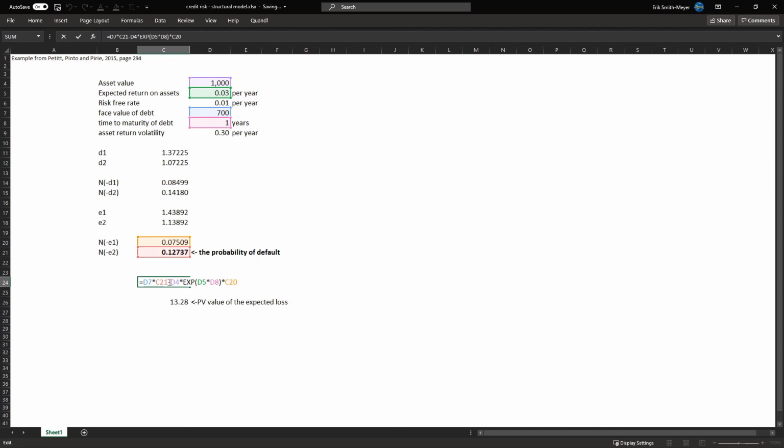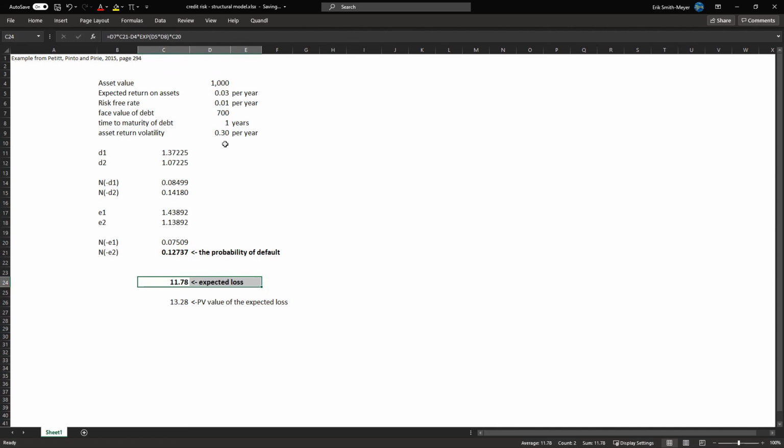I think I made a mistake. The first term is, of course, times the probability of default. So if you plug this in, you get the expected loss.